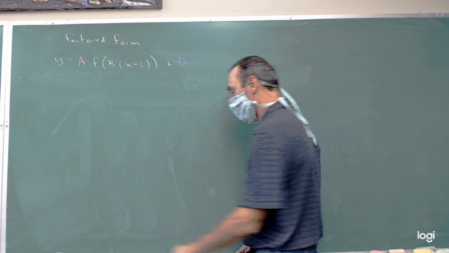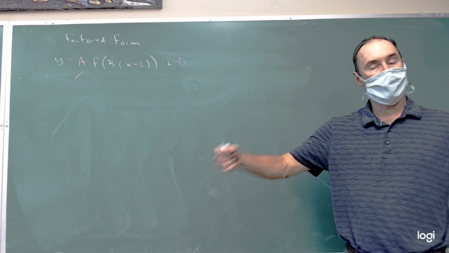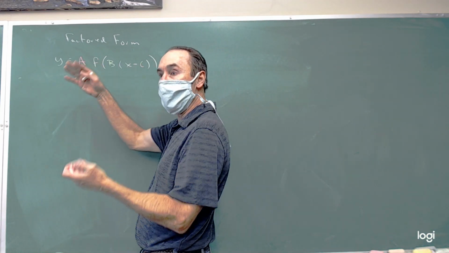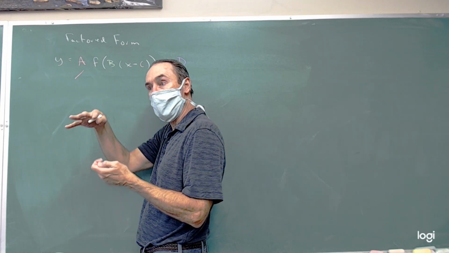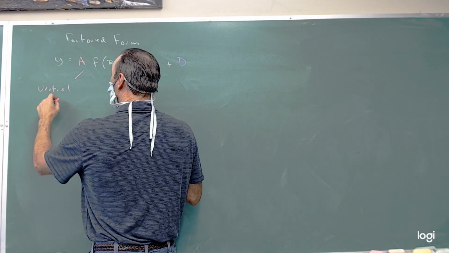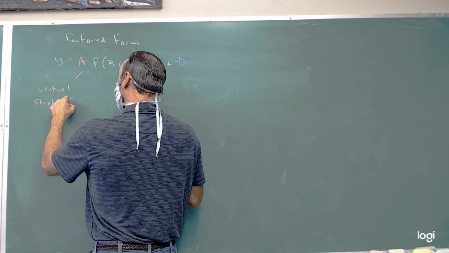What happens is that this number that you see outside the function is going to be the vertical stretch or shrink. If this number is bigger than 1, it's going to stretch. If that number is smaller than 1, it's going to shrink. So that is a vertical stretch or shrink.